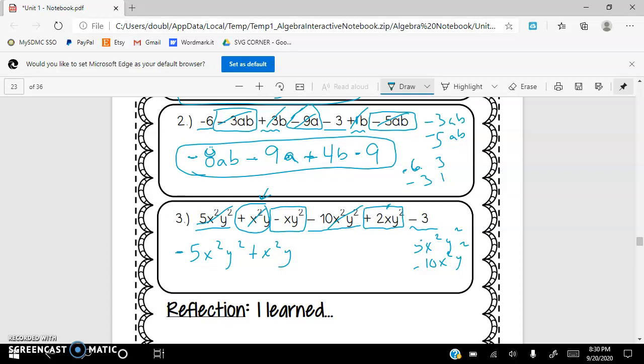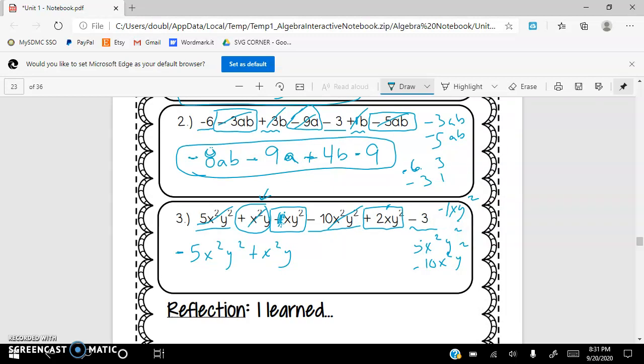Next I have x y squared. I'm going to put a 1 in front of here so you don't get confused. I have a negative 1xy squared and I have a 2xy squared.